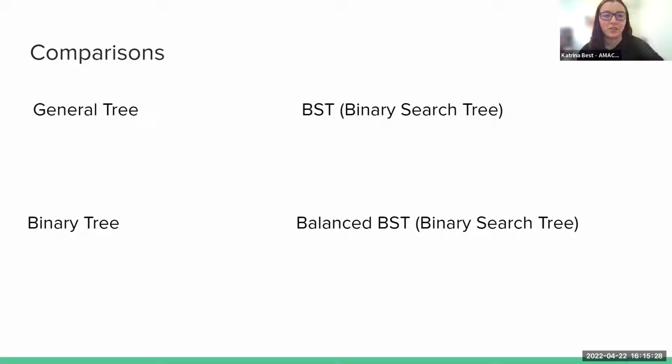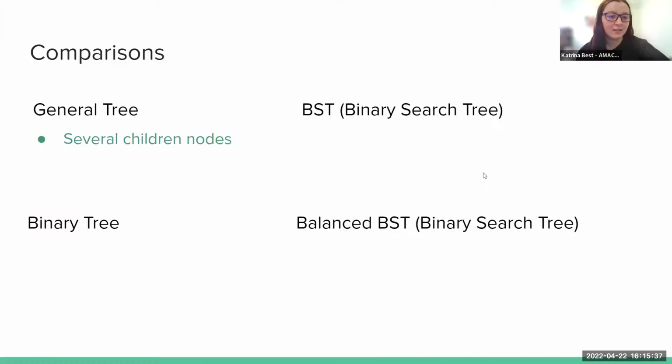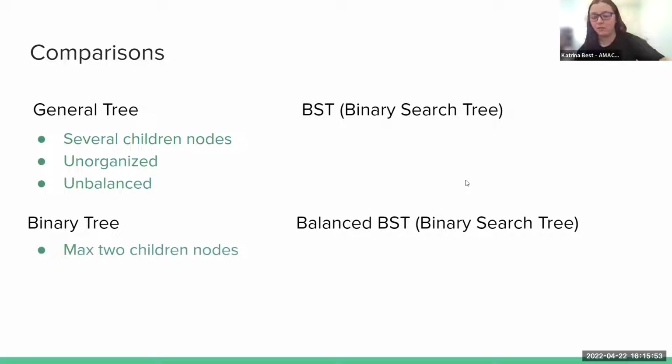Perfect. So a general tree has an unlimited amount of children nodes, right? A binary tree can only have 2. It's also unorganized, and it's also unbalanced. It can be balanced, but we don't try to assume that it's balanced.